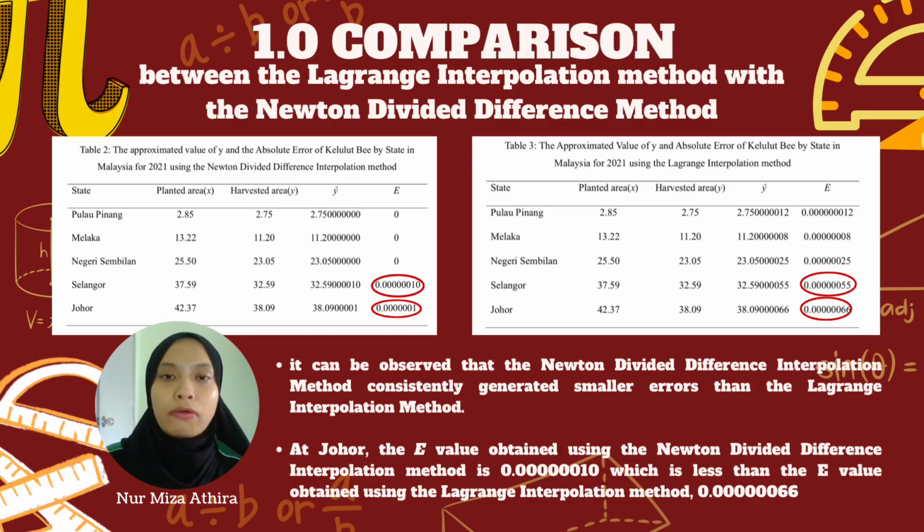Thirdly, the value of absolute error for the state of Johor by using the Newton divided difference method is 1.0 times 10 to the power of negative 7, while when using the Lagrange interpolation method is 6.6 times 10 to the power of negative 7. So, we can observe that the result when using the Newton divided difference interpolation method consistently computes smaller errors compared to using Lagrange interpolation method.